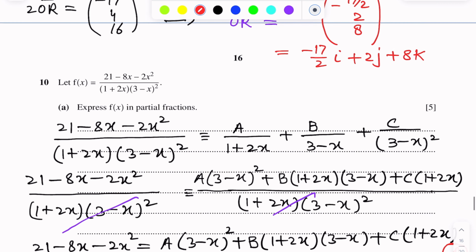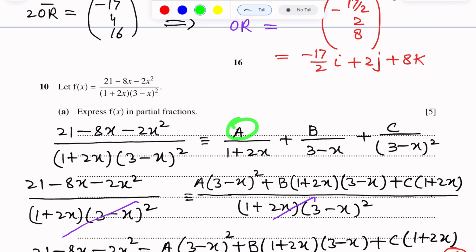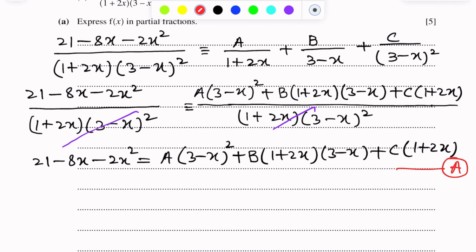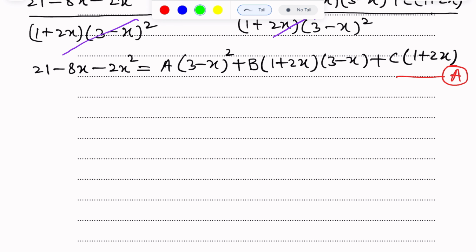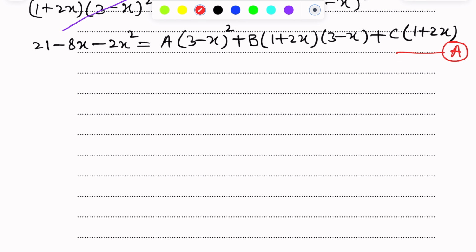Now we have to find the values of A, B and C. For this, because there are two factors in the denominator of the question, we put them separately equal to 0. First we put 3 minus x is equal to 0.